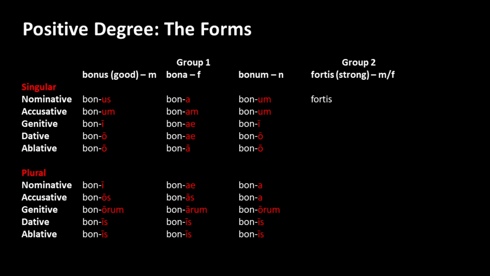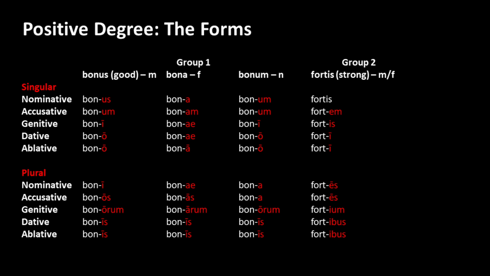The nominative is fortis, and here, in another gush, is the rest of the declension. Notice how, as I said earlier, it is almost, though not quite, identical in its forms to the forms of third declension nouns.